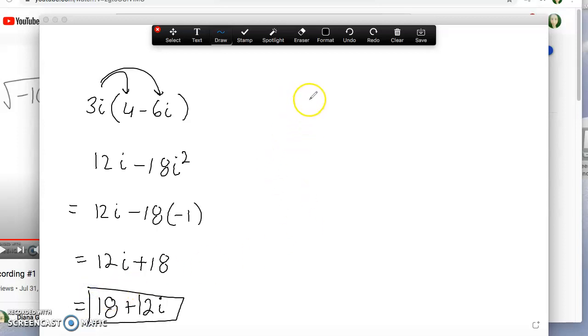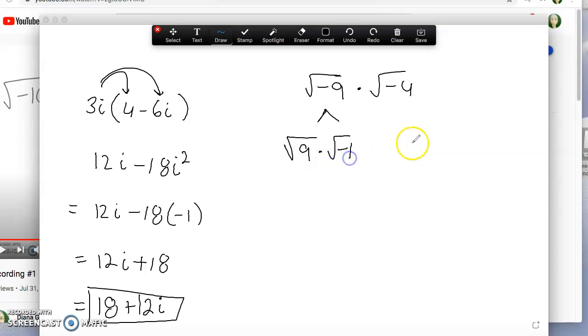Let's do another one. Square root of negative 9 times the square root of negative 4. So here we're multiplying two negative radicands with an even index. So here I'm going to simplify this to square root of 9 times the square root of negative 1. And remember we're still multiplying.